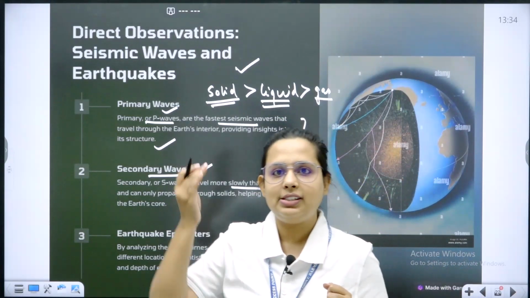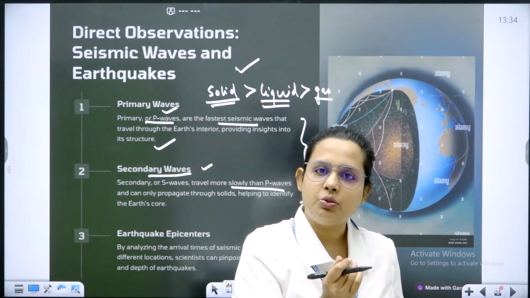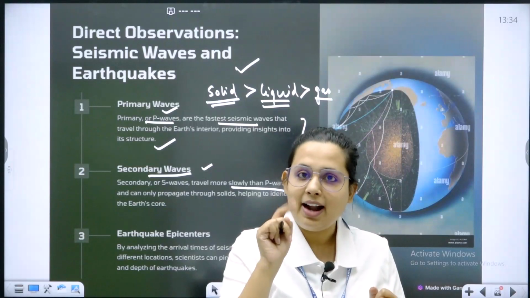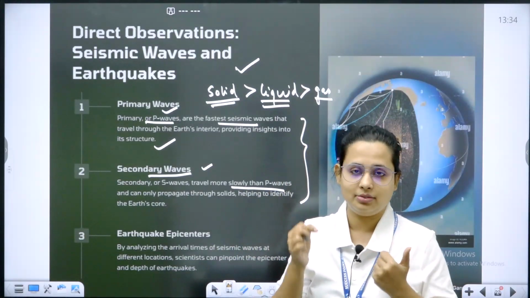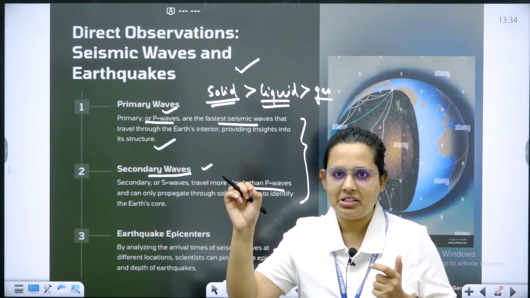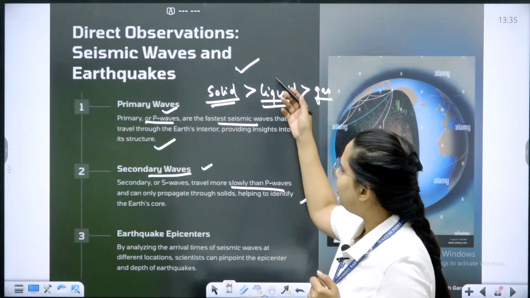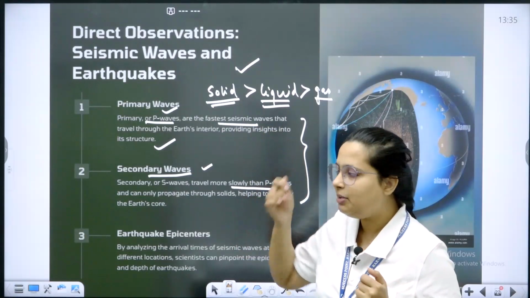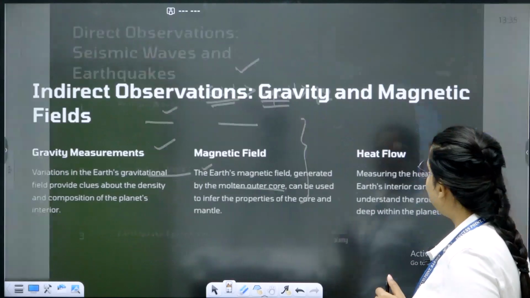So since the medium changes while the primary wave is moving from one place to another, there will be a deflection in primary waves, and that deflection is the source where you and I can understand where exactly the solid medium ends and the liquid medium starts, or vice versa, right? And that is why understanding seismic waves or earthquake waves is really important in order to understand the interior of the earth, right?